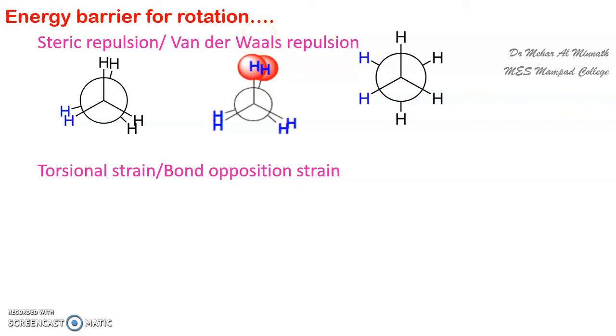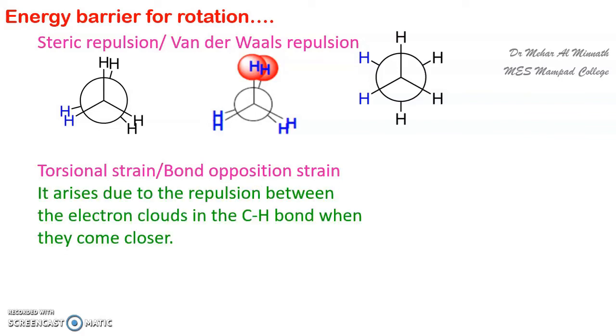But the major reason for the instability of the eclipsed conformation of the ethane molecule is the torsional strain, or bond opposition strain. This strain arises due to the repulsion of the bonding electrons in the CH bonds when they come closer. Now you have this eclipsed structure.